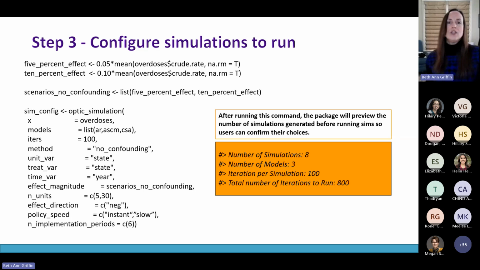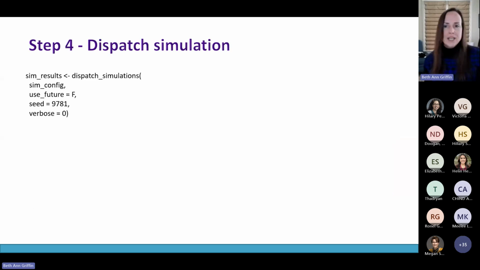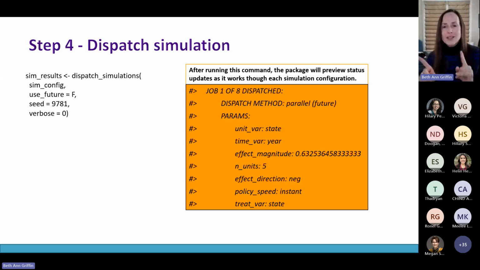Now, in terms of dispatching things, I don't even need to spend a lot of time on this. This is a pretty ugly but needed command. When you run it, the most important thing is that it will continue to update you as it finishes each of the jobs. So we have 8 jobs it has to do, and you can see that the first job is the smallest effect magnitude of 5%, the smallest number of treated states, and the instantaneous version of the code.